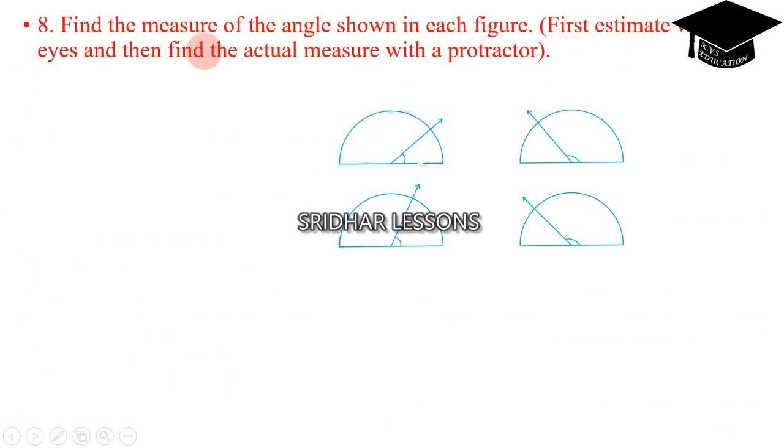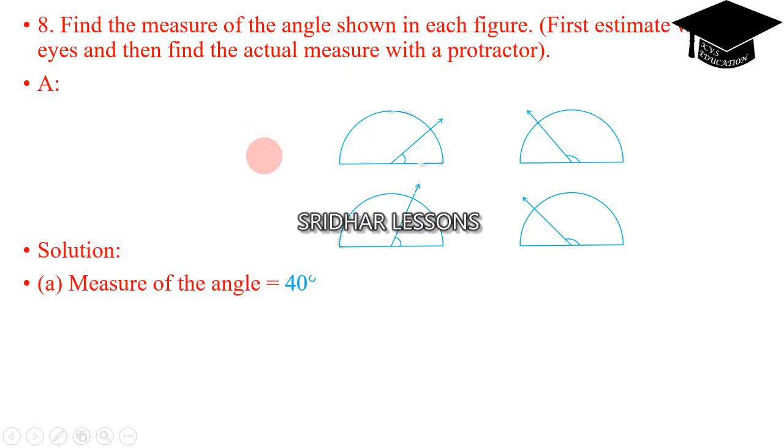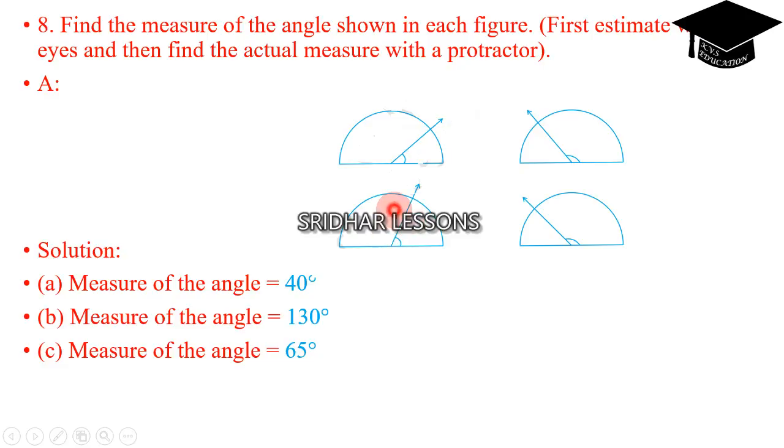Question number 8. Find the measure of the angle shown in each figure. First estimate and measure with the protractor. I have used the protractor. So the measure of the angle for this one is 40, for B it is 130, for C it is 65, and for D it is 135.